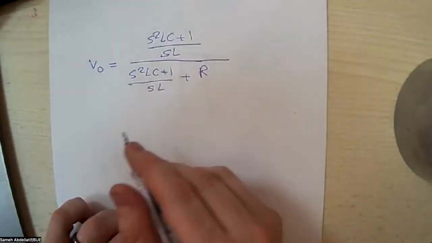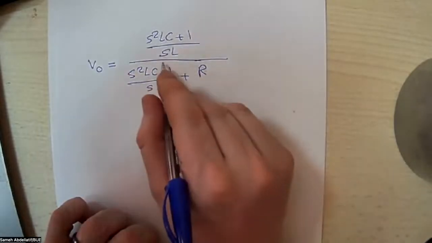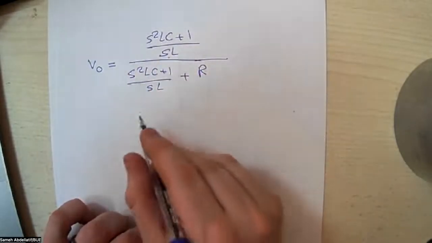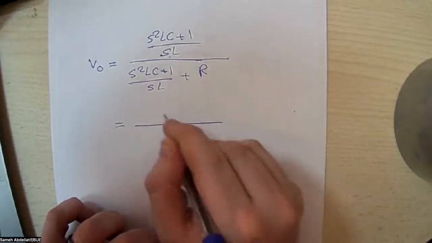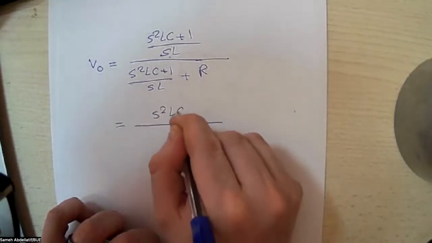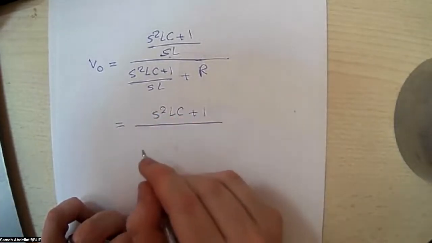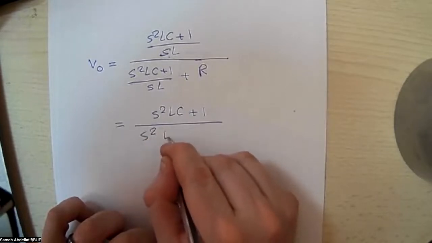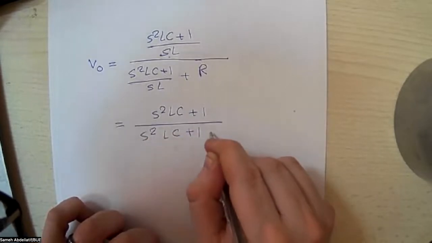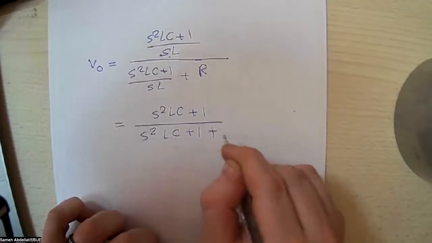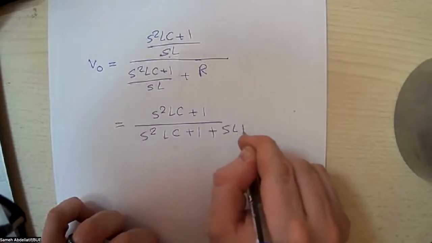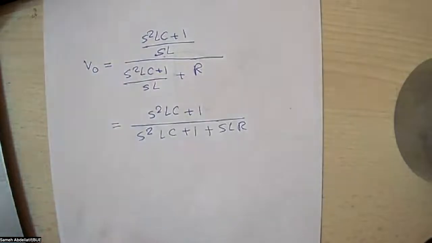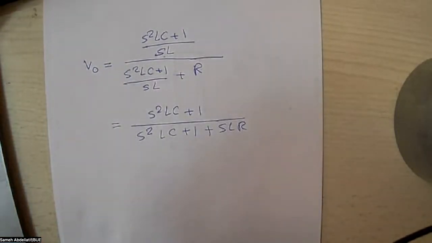You can take this SL as a denominator and multiply it here, so you can get S squared LC plus 1 over S squared LC plus 1 plus SLR. This will look like something like that, a relation between the two.